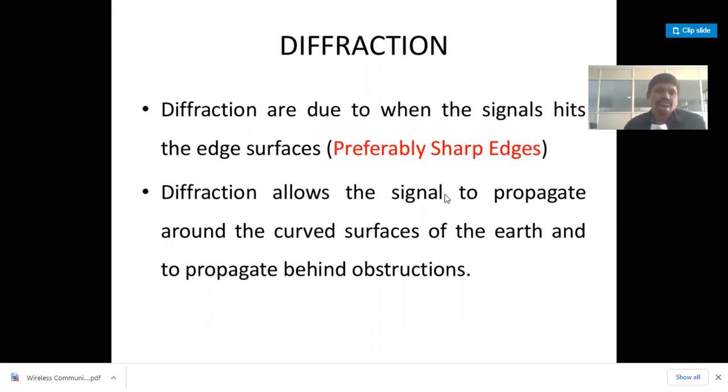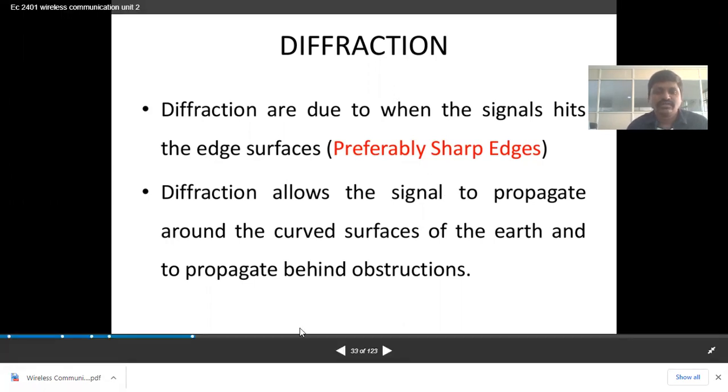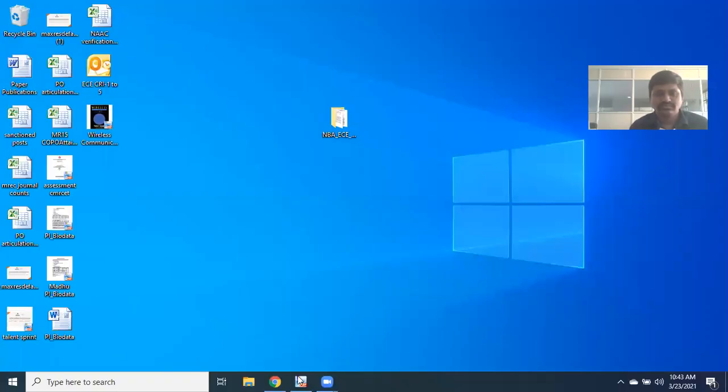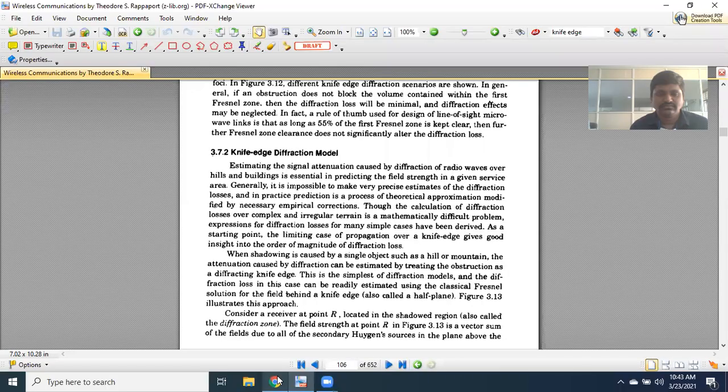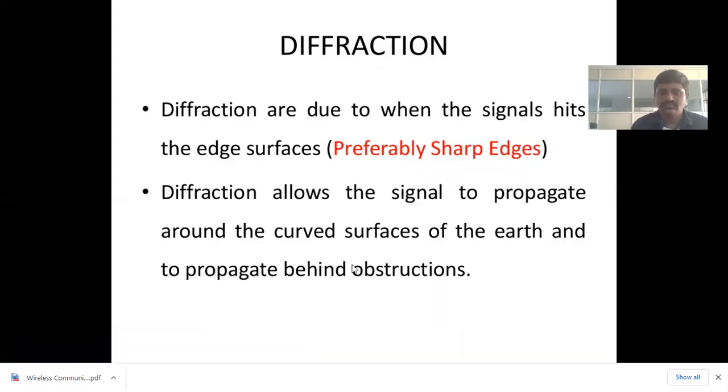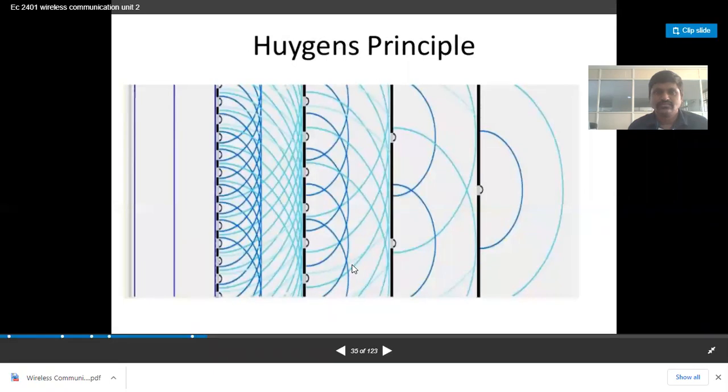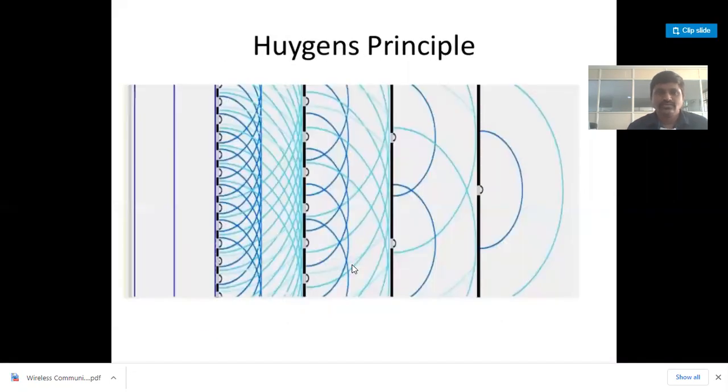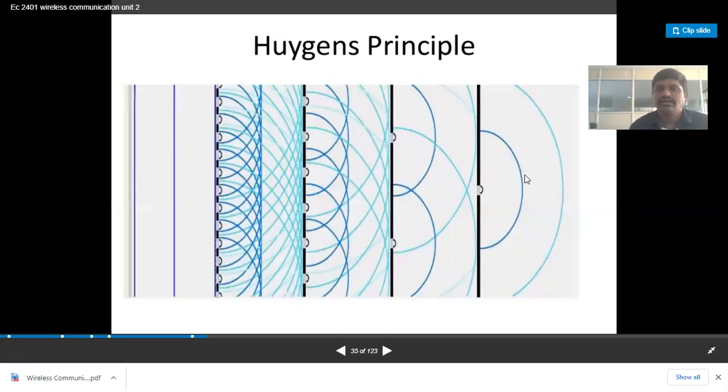Whenever it is hitting like this, the Huygens principle tells how the signal is going to be multiplied.